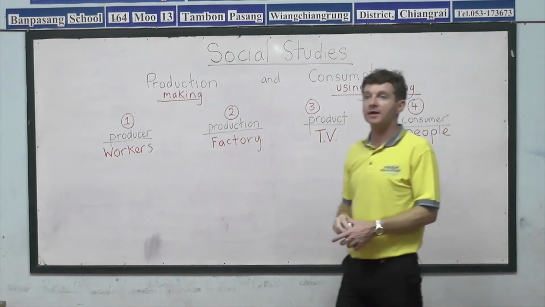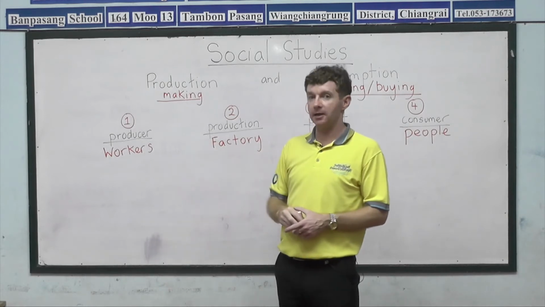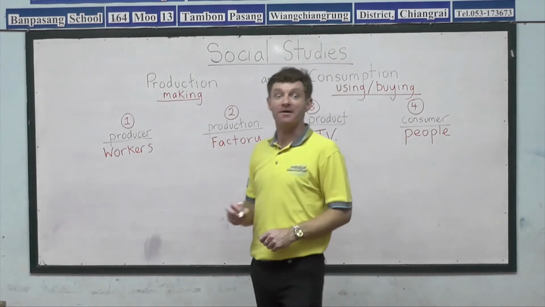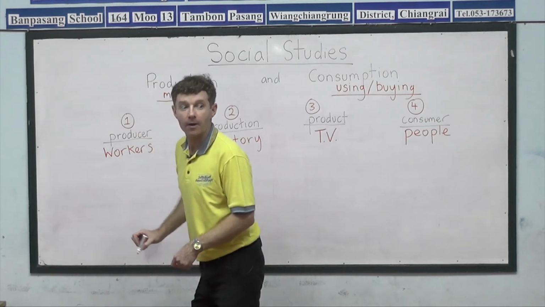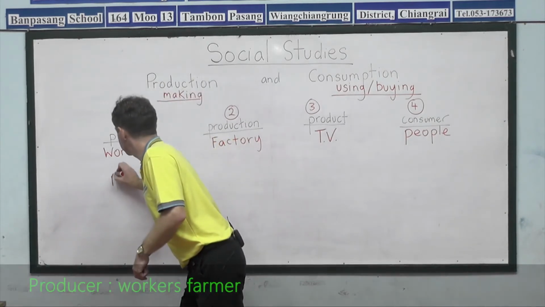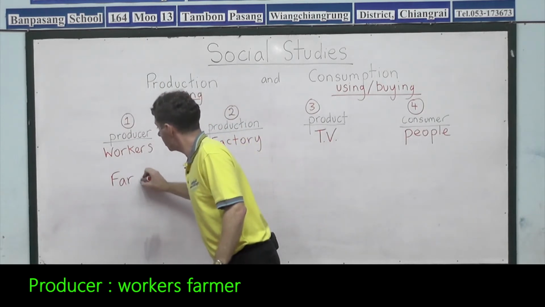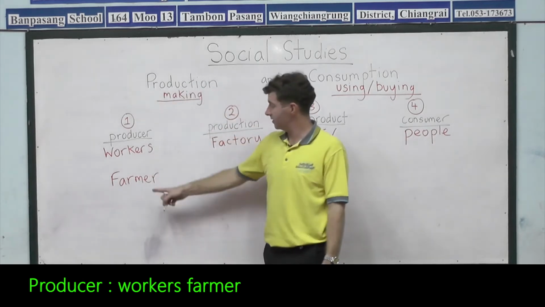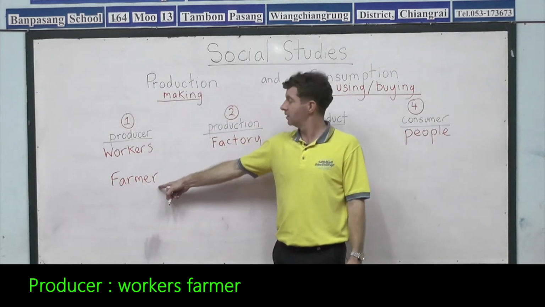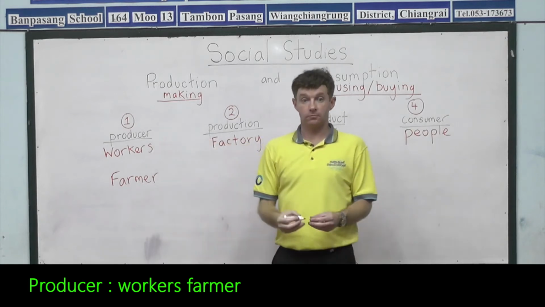Let's do one more example. Let's see, we'll start at the beginning with the producer. We'll have farmer. How do we spell farmer? F-A-R-M-E-R. Farmer is the producer.